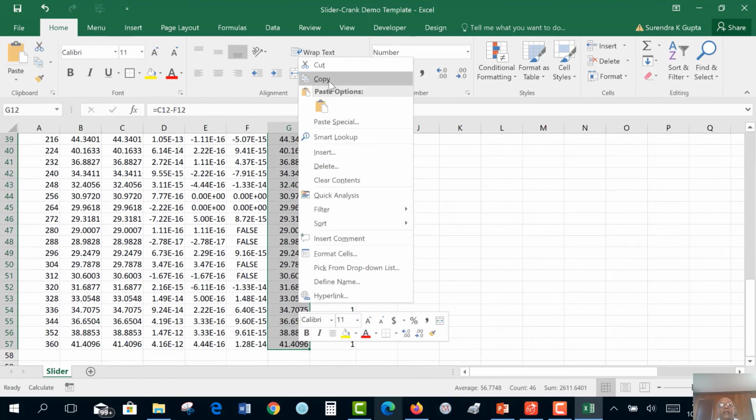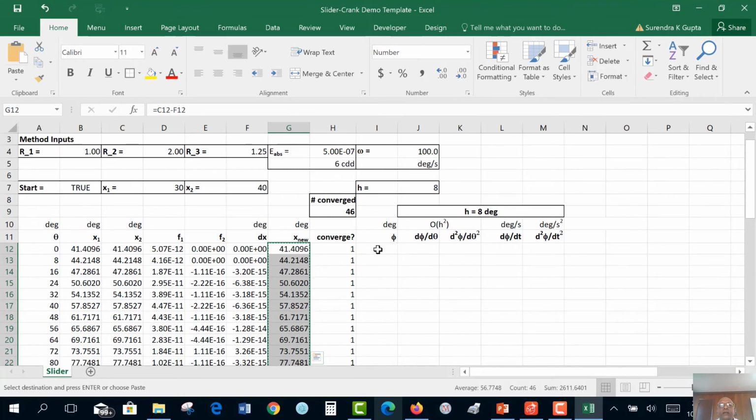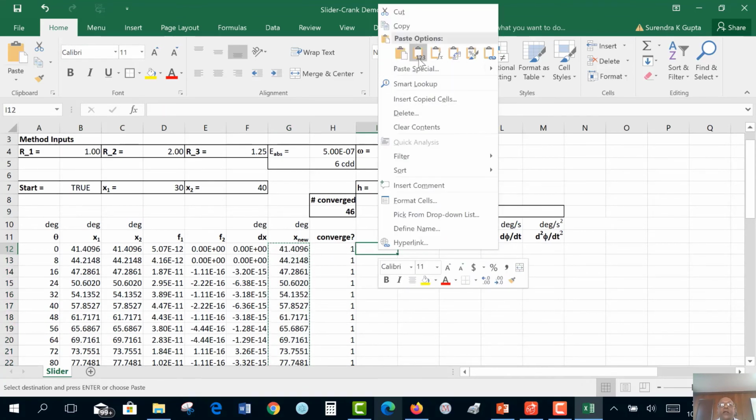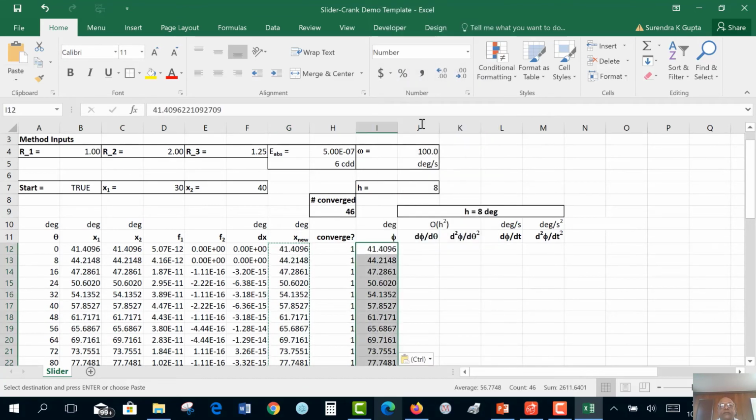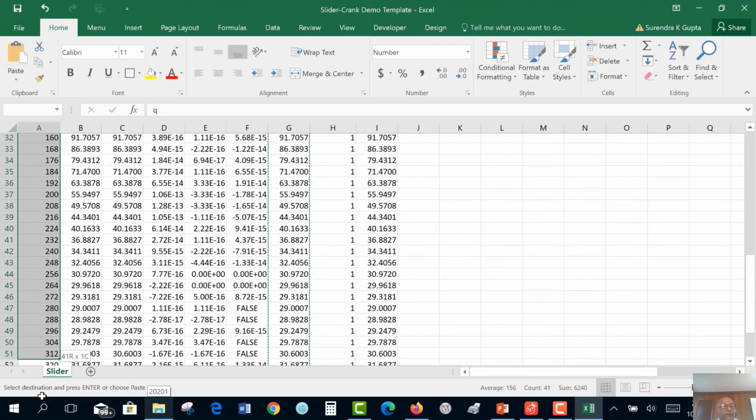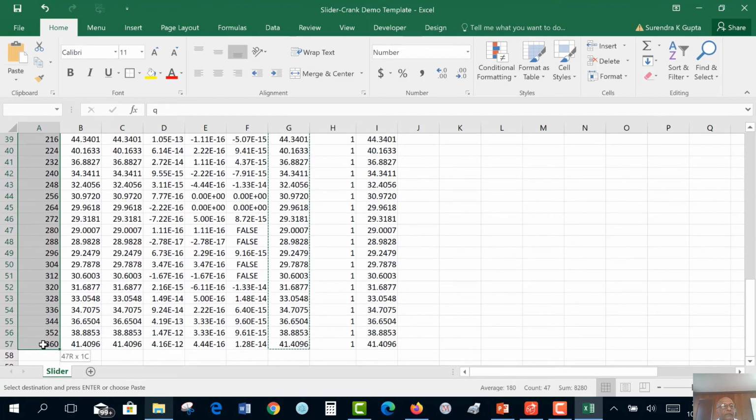This is my final answer, and I'm going to copy and paste special, values only. So these values don't change. If I do something here, I don't want my plot to change. So I'm going to plot theta versus phi.